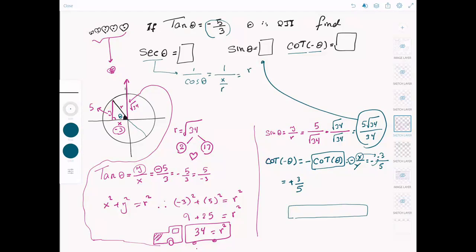It's the same as r over x. Or you should have it, secant is r over x. If you simplify this, it's radical 34 over negative 3. So we solve it through this unit circle. Any question here?